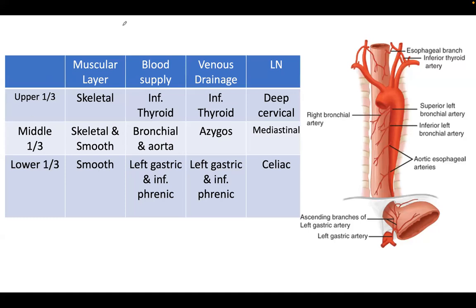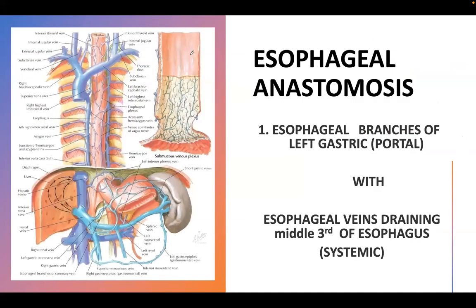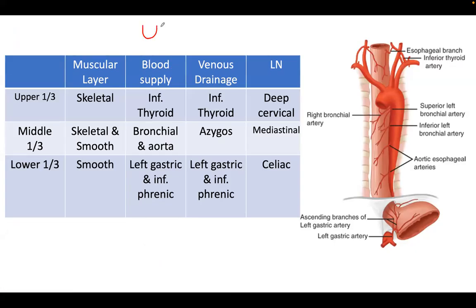Now, some books would just divide it into two. And what are these two? Upper 2/3 and lower 1/3, which I want you to memorize. You add a middle third. So upper 1/3, middle 1/3, and lower 1/3.